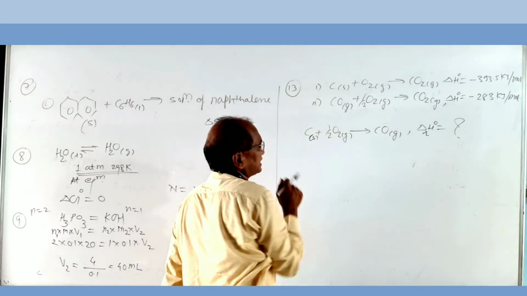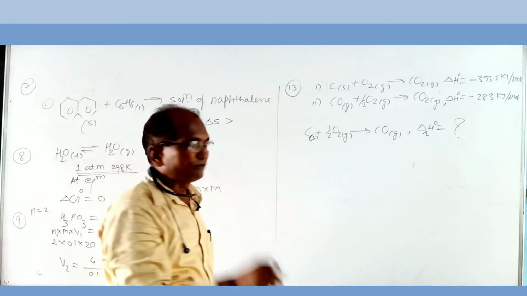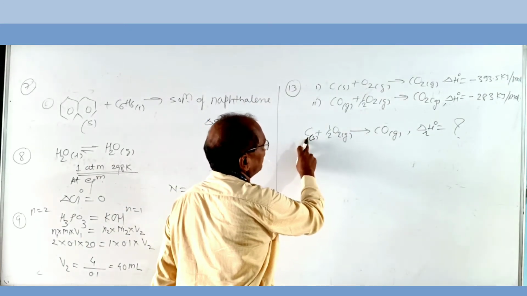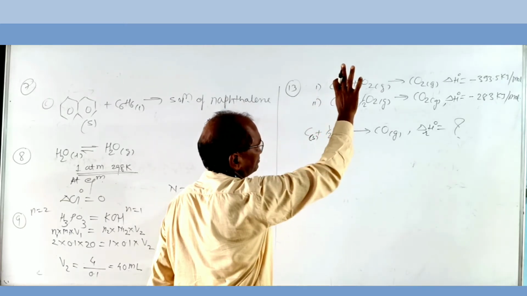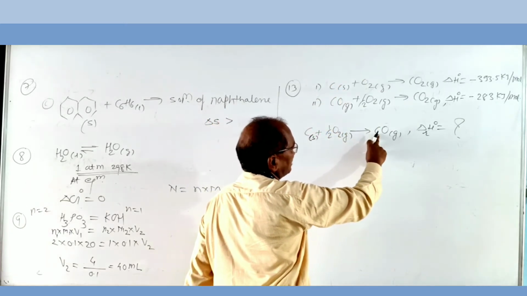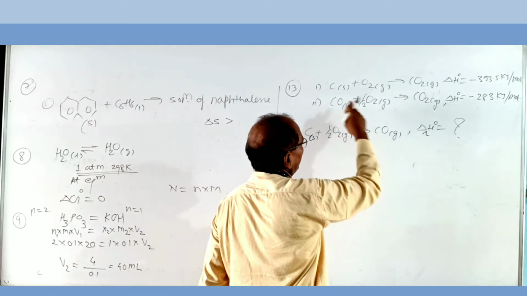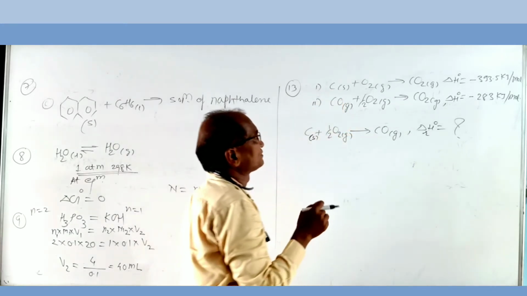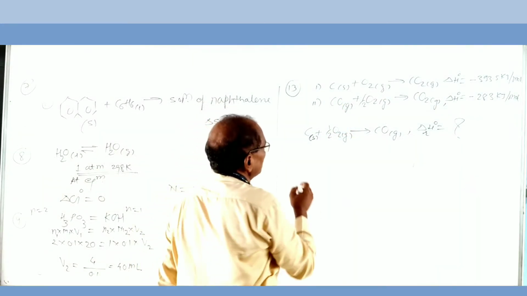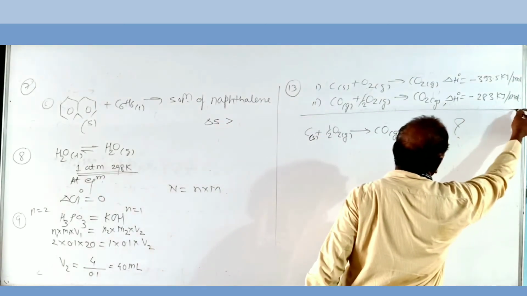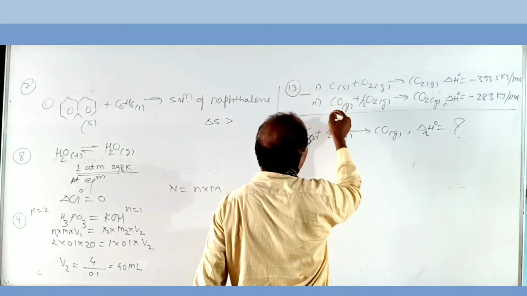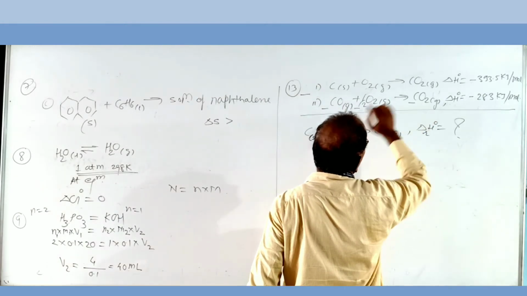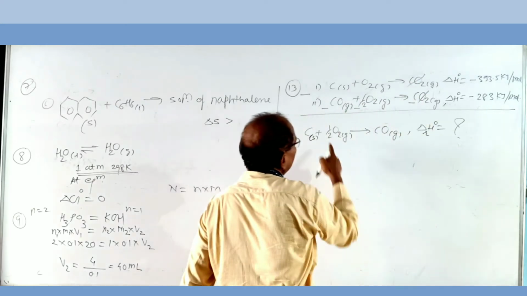To get the required equation, add, subtract, multiply, divide 1 and 2. Here, there is 1 carbon atom in the required equation. In the first equation, there is only one carbon atom. But in our required equation the product is CO gas, while in the second equation CO is a reactant. Therefore, subtract equation 2 from 1. Then positive becomes negative. Cancel the common terms.